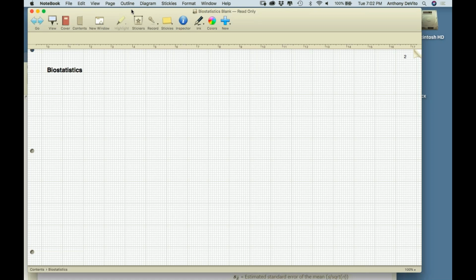What we do instead is look at it from the perspective of number of standard deviations apart.